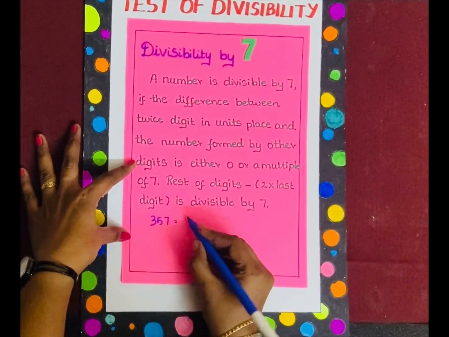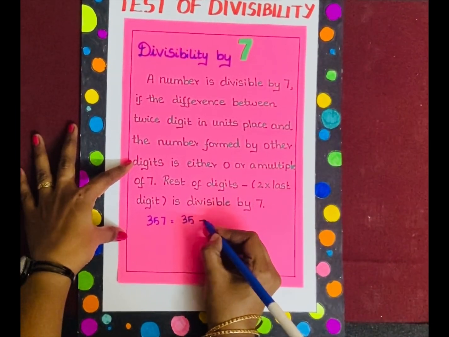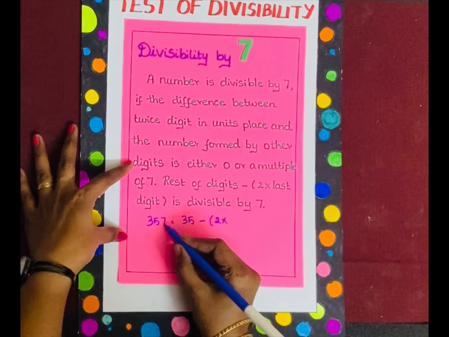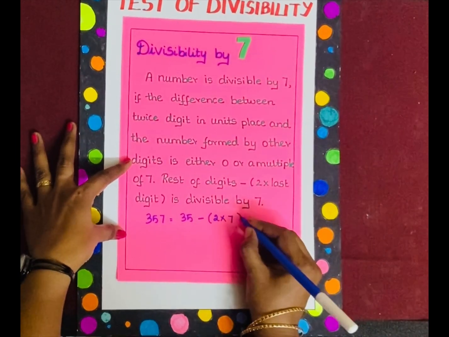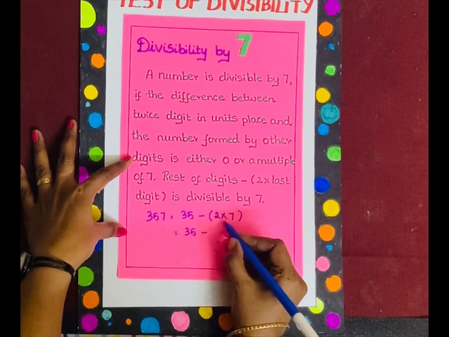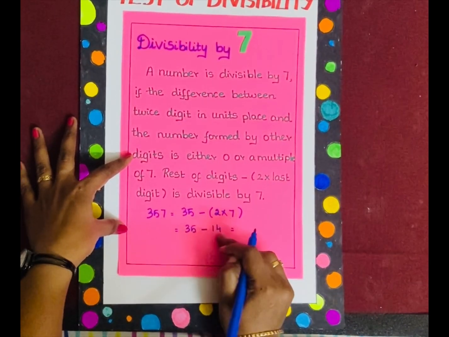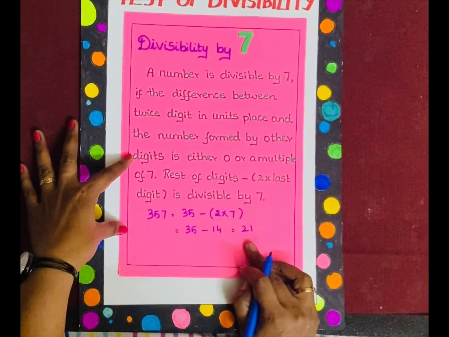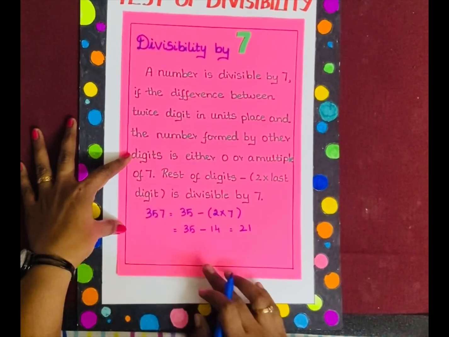First, you write the first two digits, 35, minus 2 into the last digit, the units place, 2 into 7, 14. So 35 minus 14, 21. 21 will come in the 7 tables. So 357 is divisible by 7.